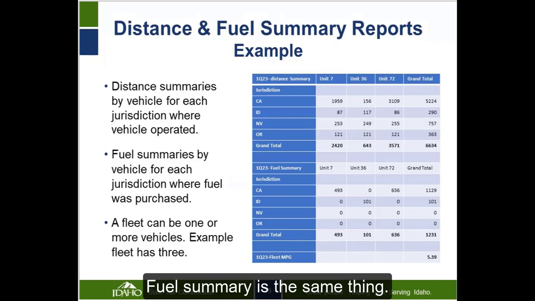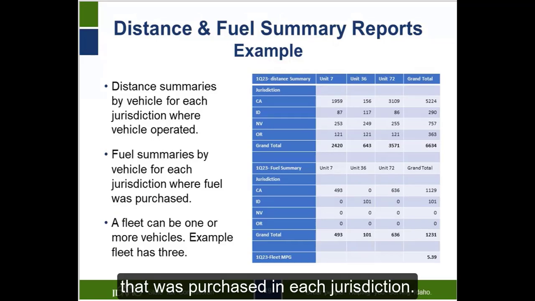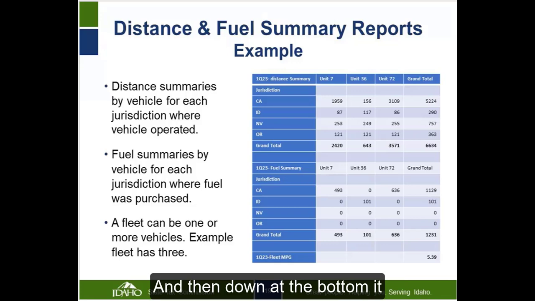Fuel summary is the same thing. It's all the fuel that was purchased for all the units, and it's all the fuel that was purchased in each jurisdiction, and the grand total should add up for each truck and each jurisdiction. And then down at the bottom, it calculates the miles per gallon, which takes the total number of miles and divides it by the total gallons that were purchased.